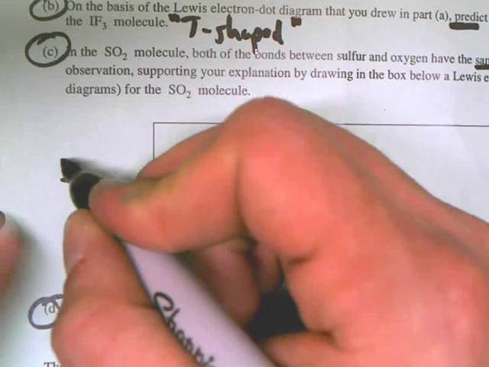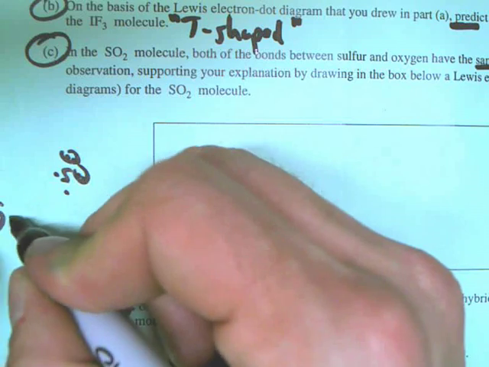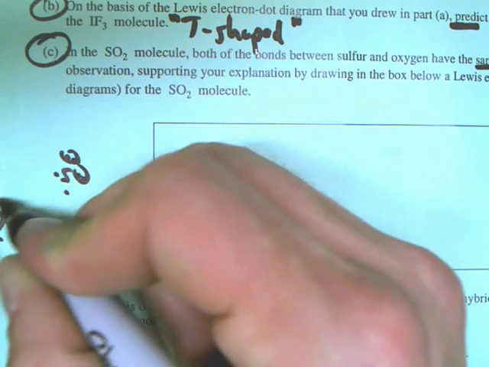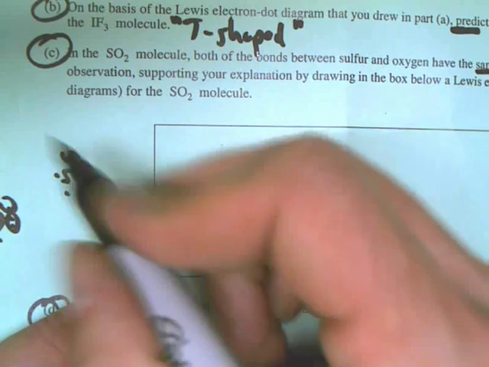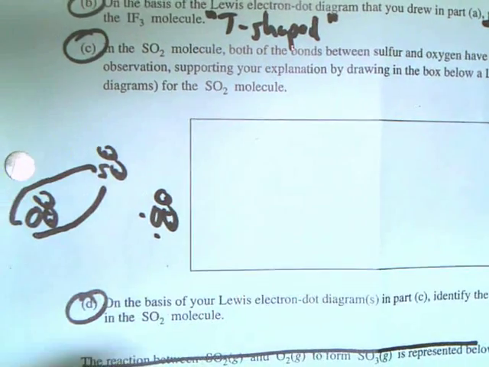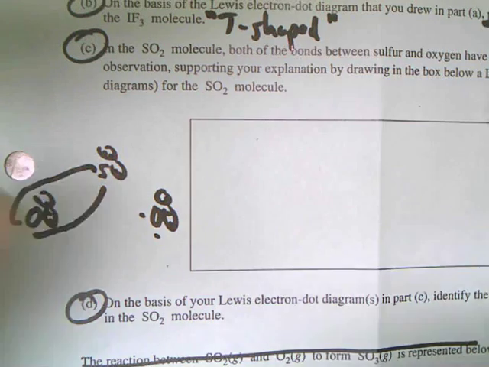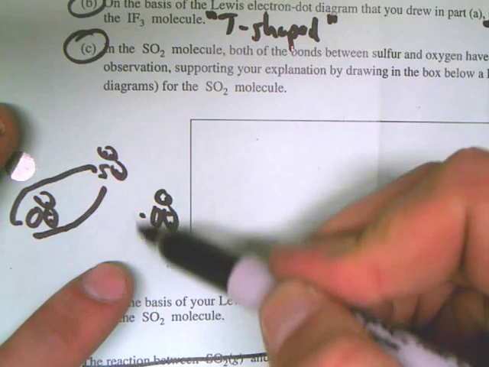So S, O, O: 1, 2, 3, 4, 5, 6 for each. Attach, attach. Okay. Looks like we hit a dead end, and our first instinct is to split.